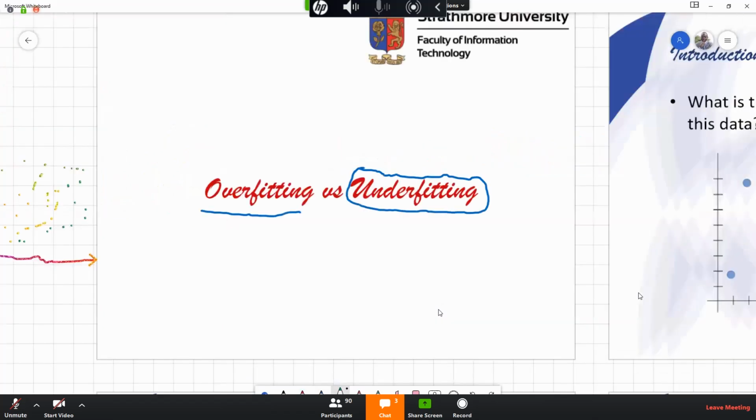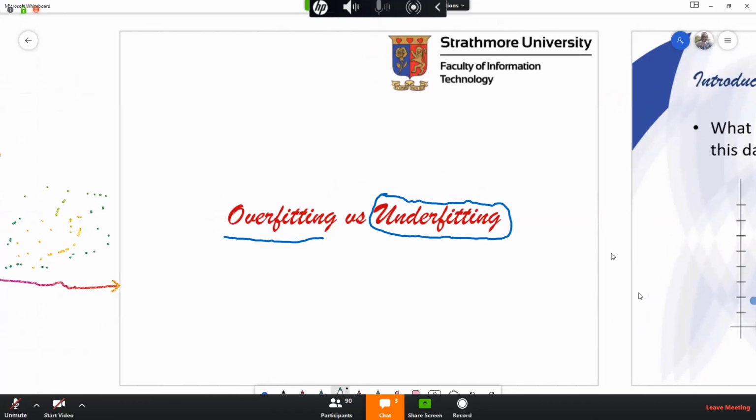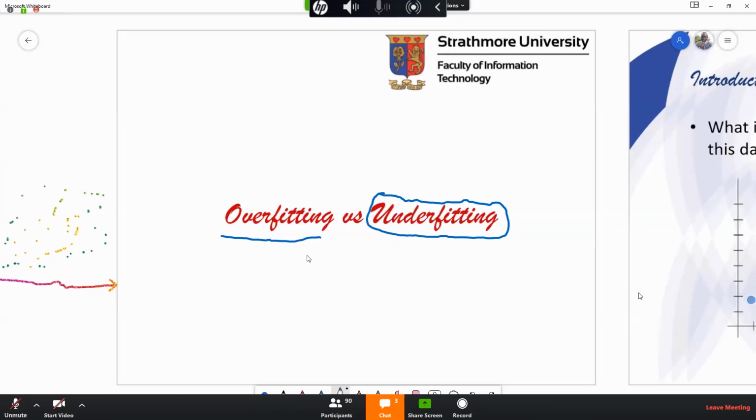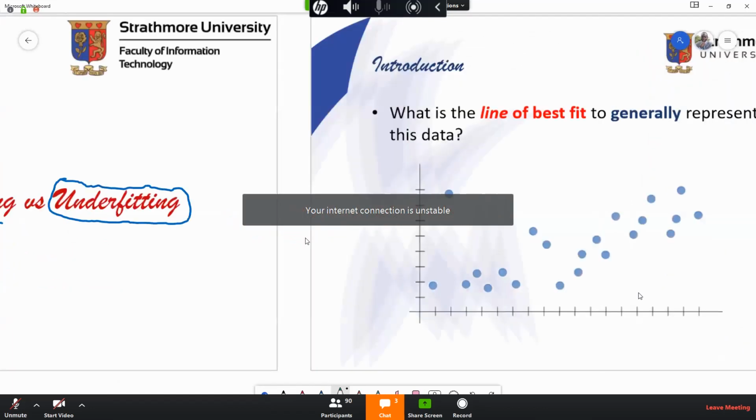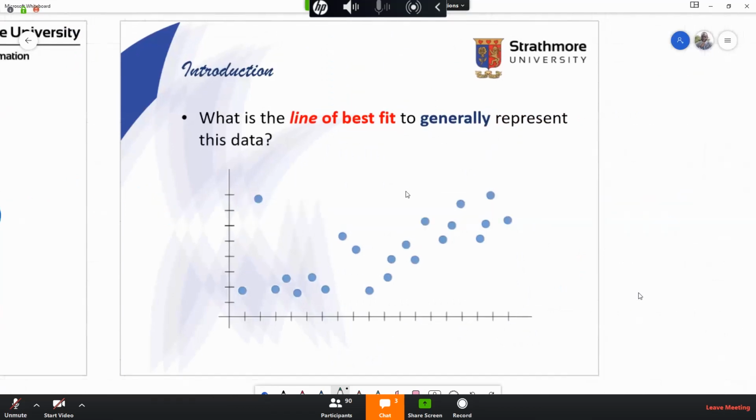But today, we'll discuss overfitting versus underfitting, so forget that one for now. We will talk about that one later. So overfitting versus underfitting is what I want to discuss today. Now, the aim of linear regression is to come up with a line of best fit, the line that best fits the data.